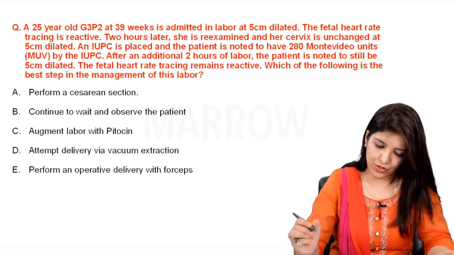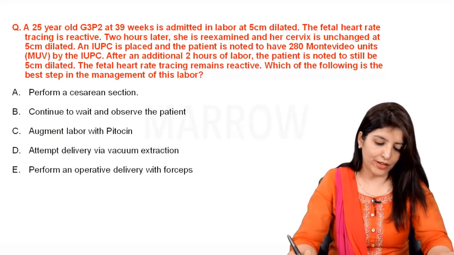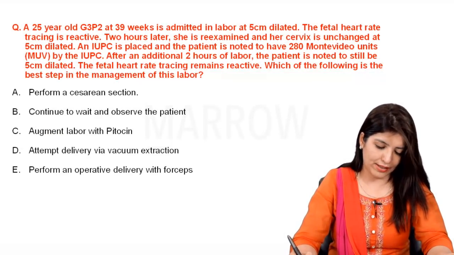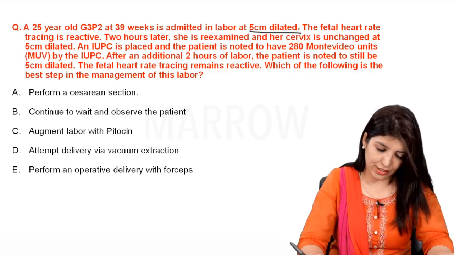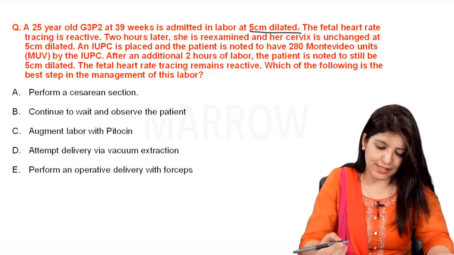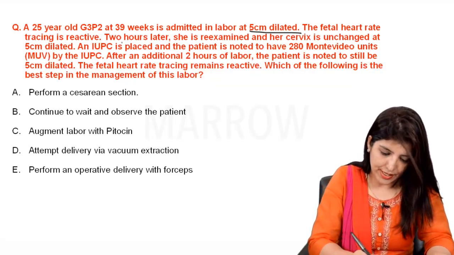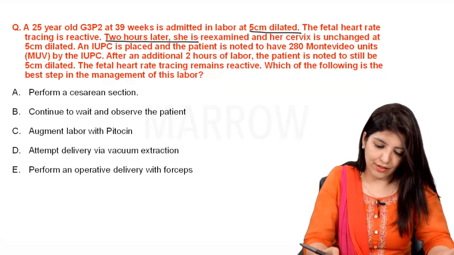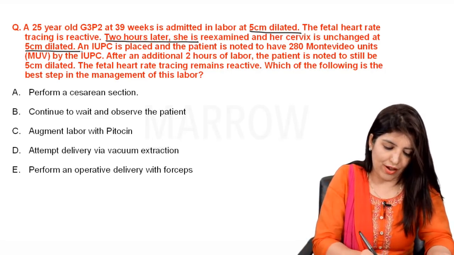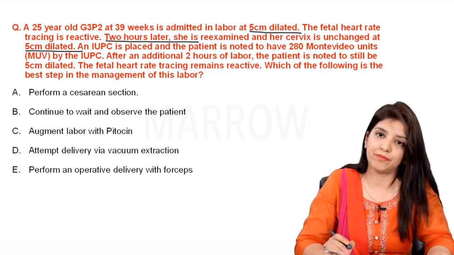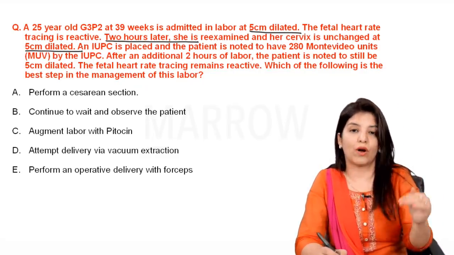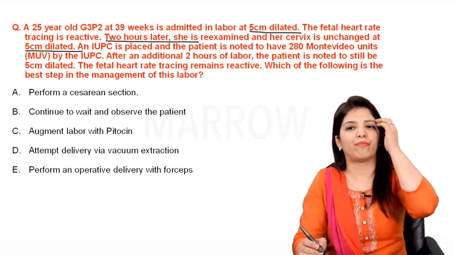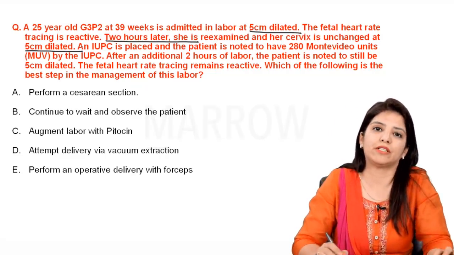Clear? See this question. A 25-year-old G3P2 at 39 weeks is admitted in labor at 5 centimeters dilatation. Fetal heart rate tracing is reactive. 2 hours later, she is re-examined and the cervix is unchanged, still 5 centimeters dilated.